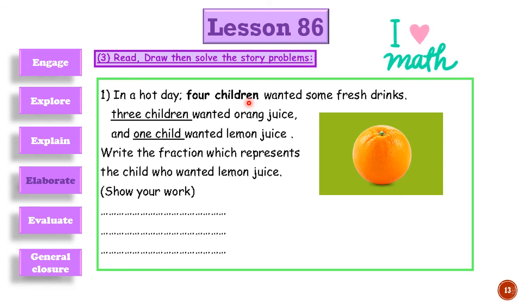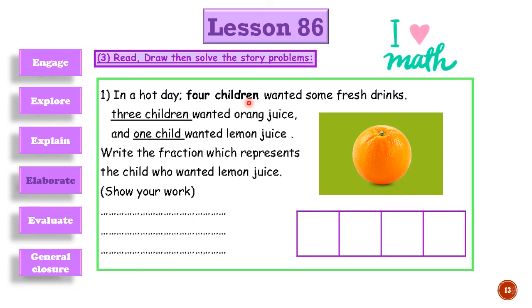Then draw your model in 4 equal parts, like this. And then color each type in a color. 3 children wanted orange juice. Then we color just 3 parts in orange, like this. And 1 child wanted lemon juice. Then we color just 1 part out of 4 in green, which represents lemon juice.